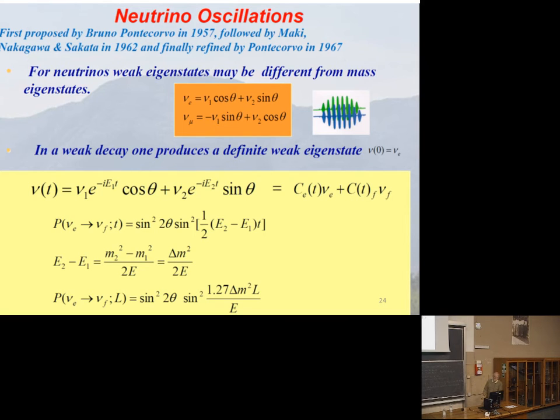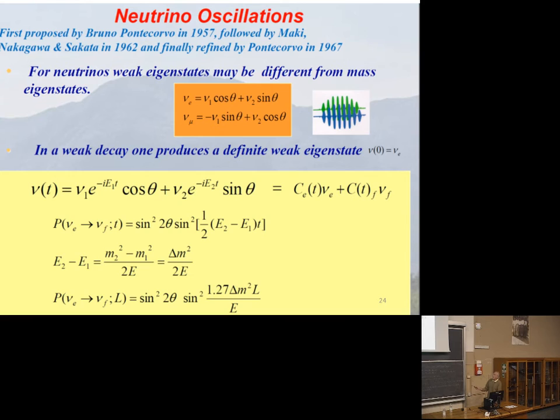We put those together, and we get a probability that a neutrino that starts as an electron neutrino, like at the middle of the sun, and we look at it later to be another neutrino as a function of time, is this formula here. It varies with time, it varies with how much energy difference there is between the two, and it varies with this unknown angle, which nature gives us, but we don't know it.